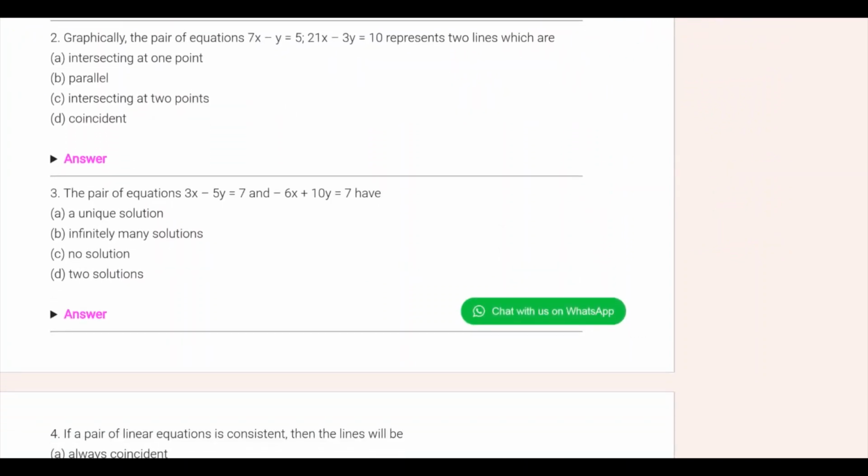Second question. Graphically, the pair of equations represents two lines which are intersecting at one point, parallel, or intersecting at 2 points. So let us check these two equations first. We'll find the ratio of x coefficients, 7 by 21, and the y coefficients are -1 by -3, and the constants are 5 by 10.